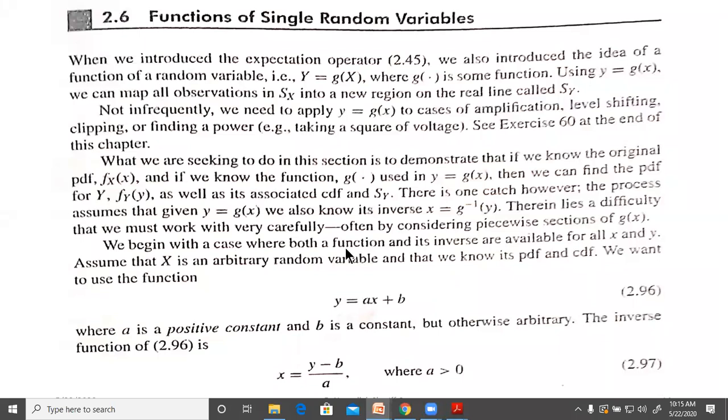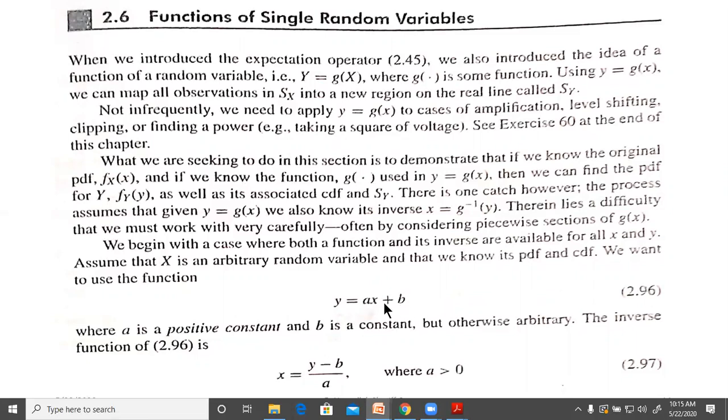We begin with the case where both the function and its inverse are available. For example, take y equal to ax plus b. In this case, it is possible to write x in terms of y; that is the inverse. Here x is an arbitrary random variable, and we know its PDF and CDF, and we represent y equal to ax plus b.